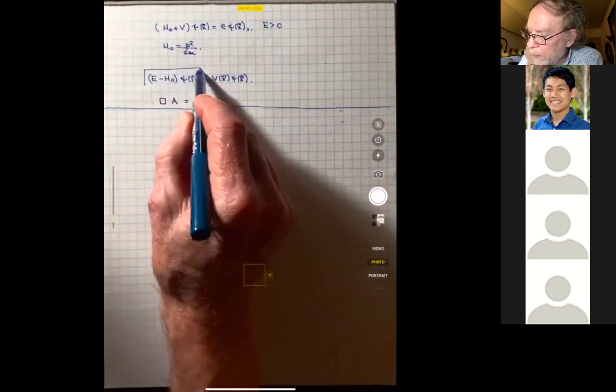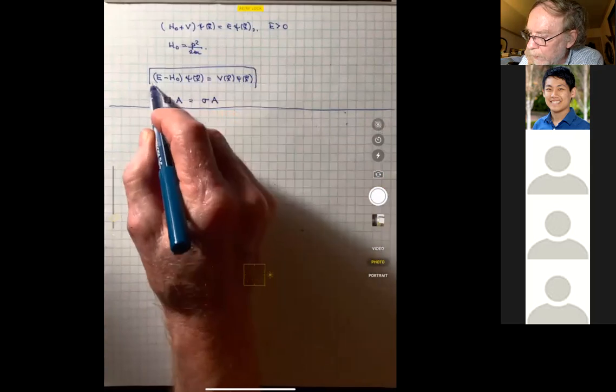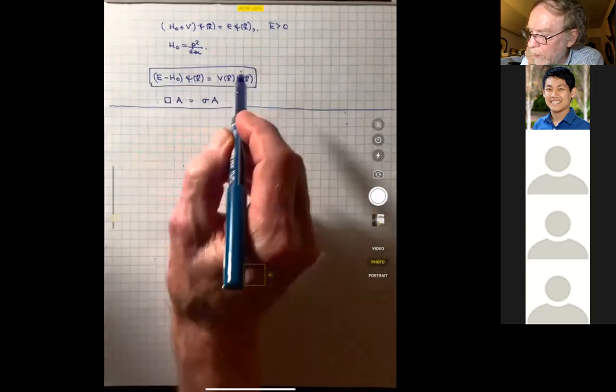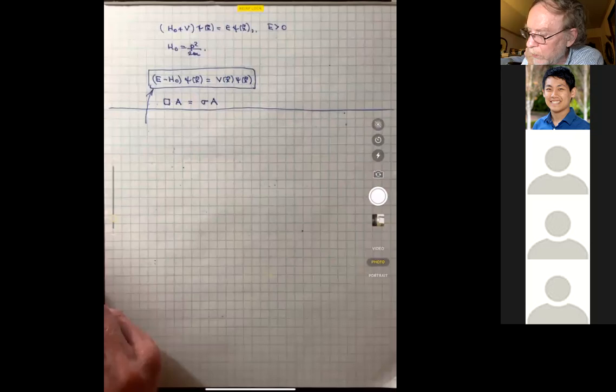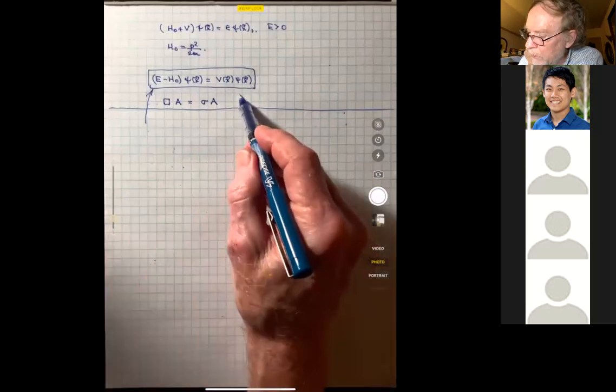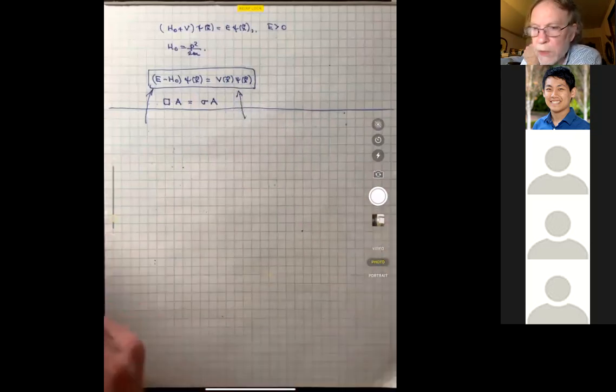So this motivates writing the Schrodinger equation in this form, which isn't much of a change of the original Schrodinger equation, and interpreting the right-hand side of the equation as if it were a source. The Schrodinger equation in the normal sense of the word is intrinsically a homogeneous wave equation.